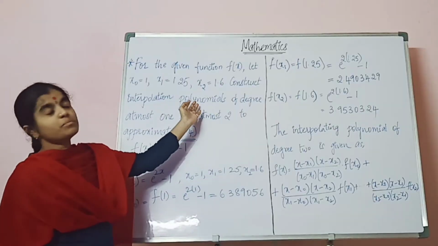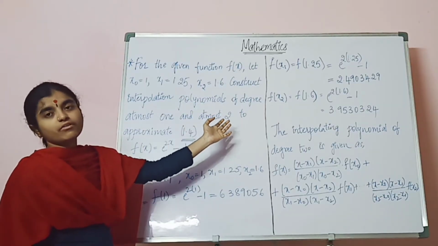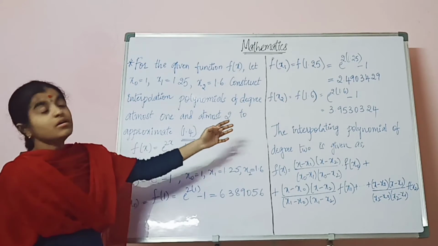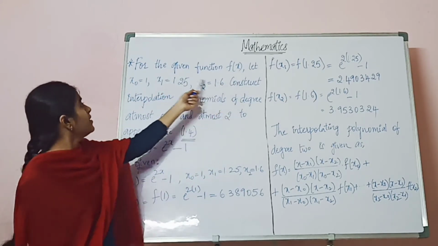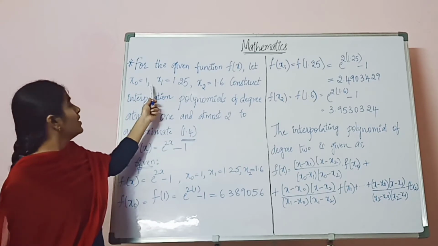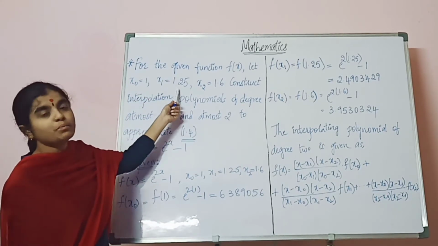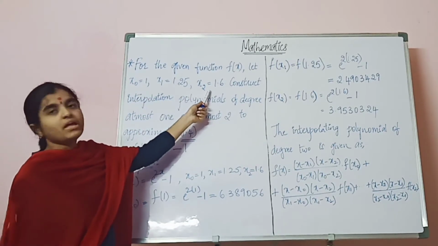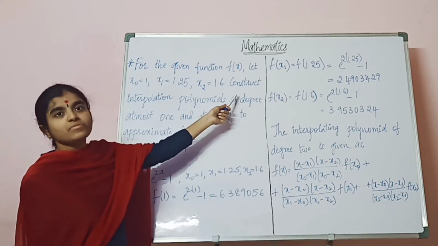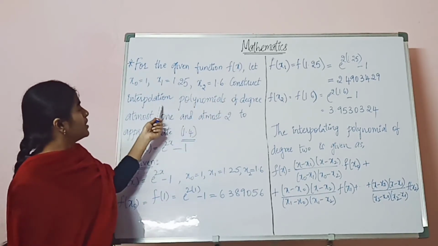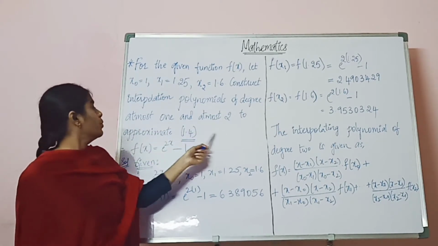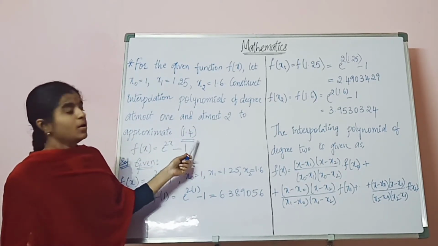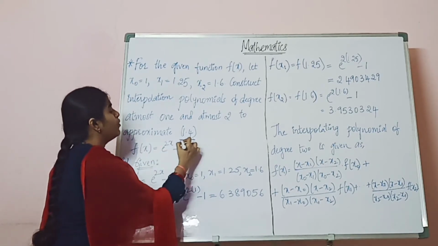Now let us discuss a problem based upon Lagrange's interpolation polynomial. So what is the problem given here? For the given function f of x, let x0 equals 1, x1 equals 1.25, x2 equals 1.6. Construct interpolation polynomials of degree at most 1 and at most 2 to approximate 1.4.